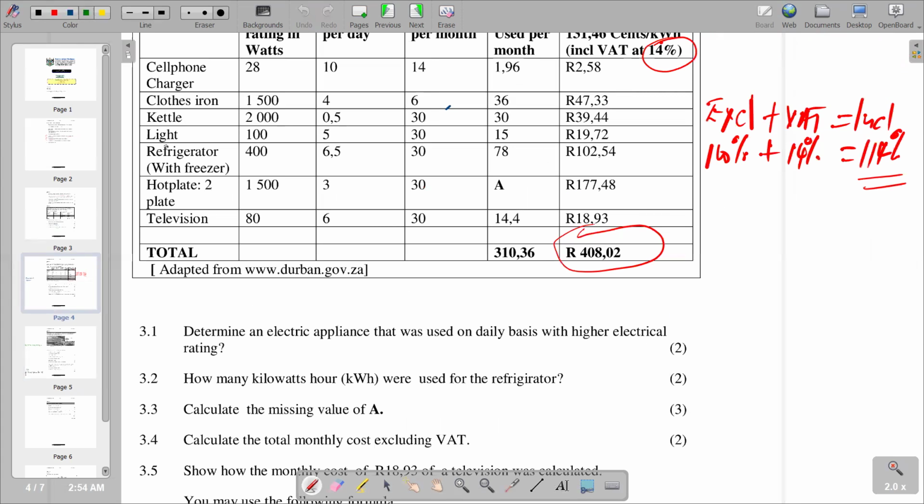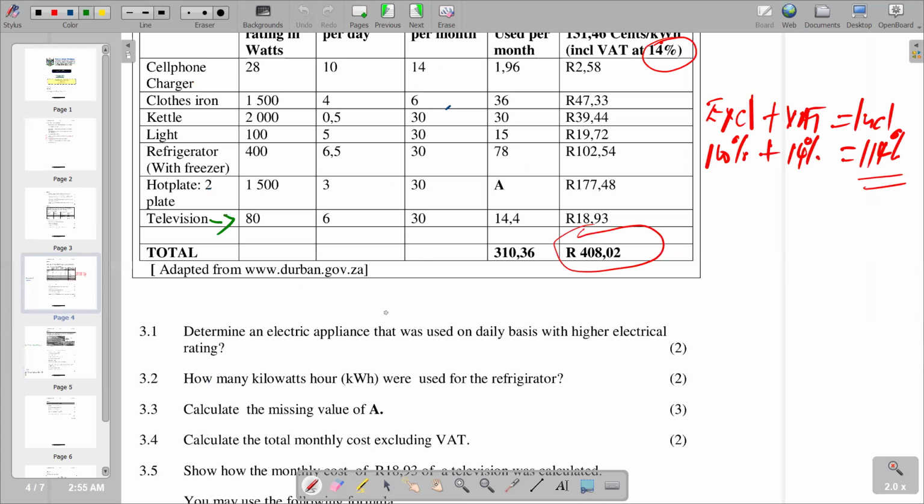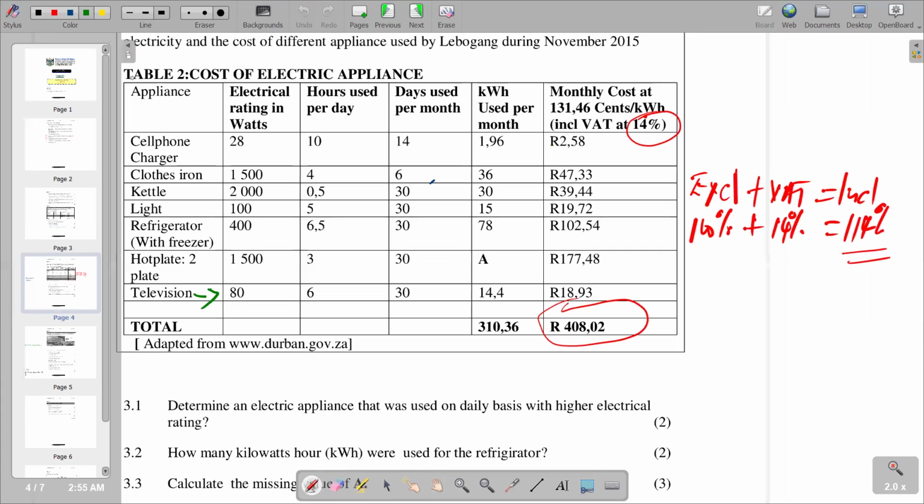So everything in this row is what we are going to use. So you've got 80 watts, which we are going to convert to kilowatts. So by converting to kilowatts, we're going to divide by 1000. So we're going to say 80 over 1000 multiplied by the number of hours given, which is 6 as indicated.